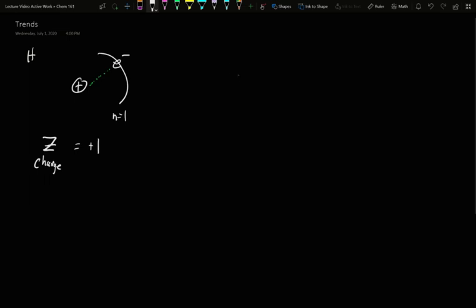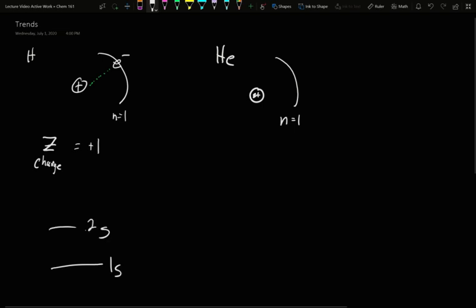But as we get more protons, which easier way to write that is just, let's talk about a helium nuclei with 2 pluses in its nucleus. Well, out here is still the n equals 1. If we think about the orbitals, the 1s, the 2s, the 2p, hydrogen only has 1 electron.